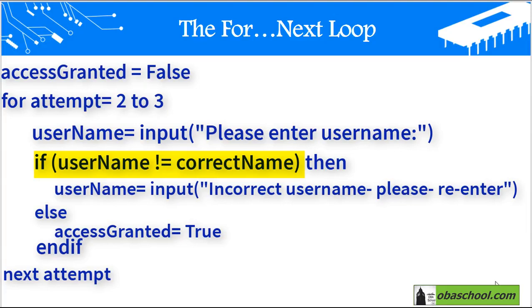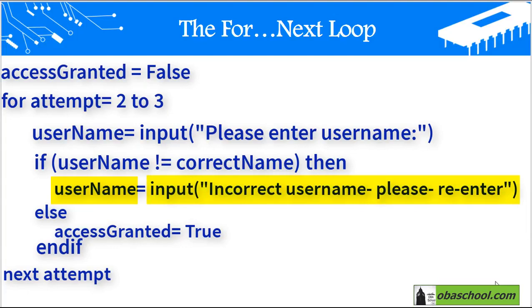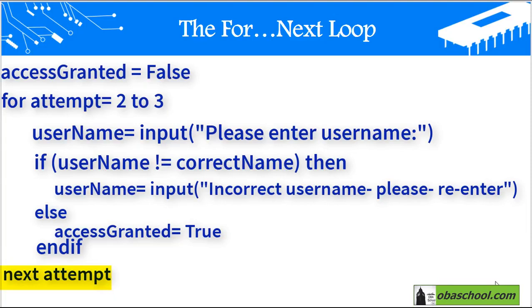Then we will change the variable username and put an input message to the user, "incorrect username, please re-enter". And then we're going to get out from the if by writing end if and continue to next attempt. We're adding 1 to the attempt, which is 2 plus 1. Now the attempt is 3.